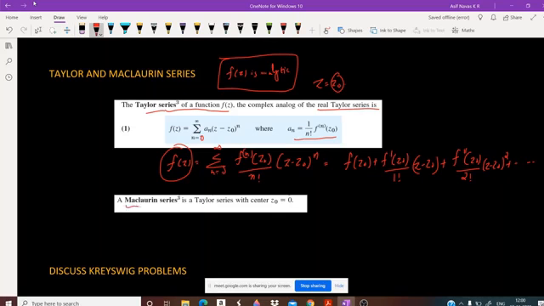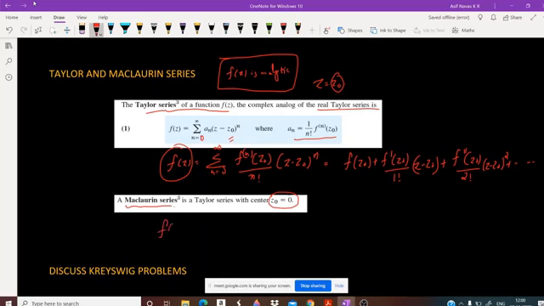Now we will discuss what is Maclaurin series. So this is a special case of Taylor series when z naught is equal to 0. So here if z naught equals 0, then we will find the Maclaurin series.